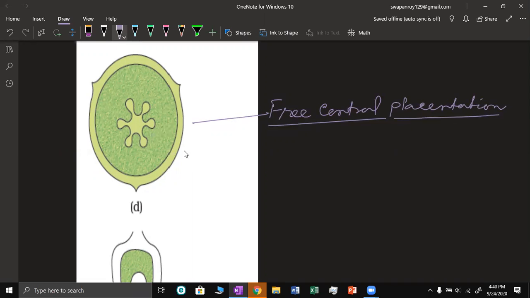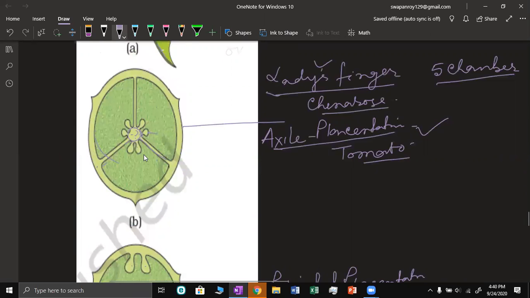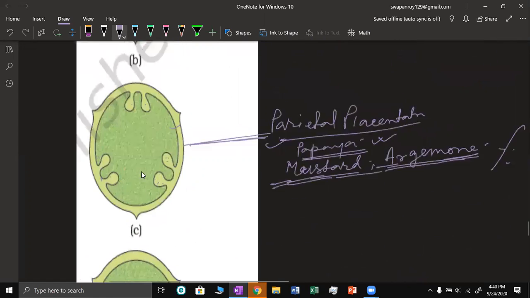What you can see, this one and axile placentation, is it similar? All the ovules are on the central axis here also.